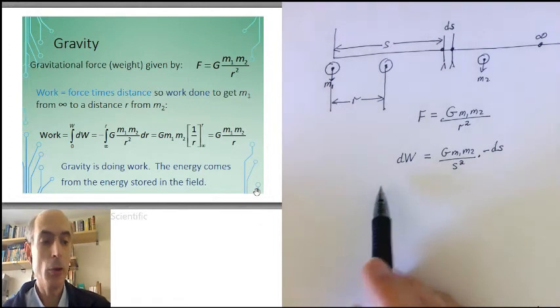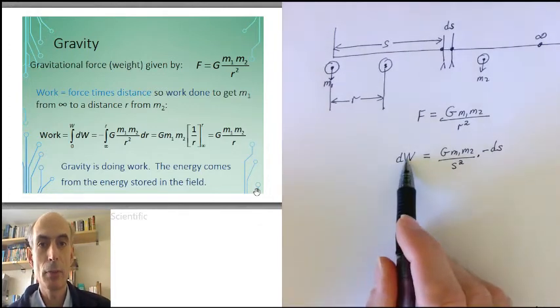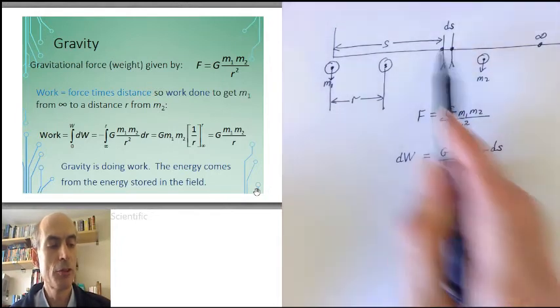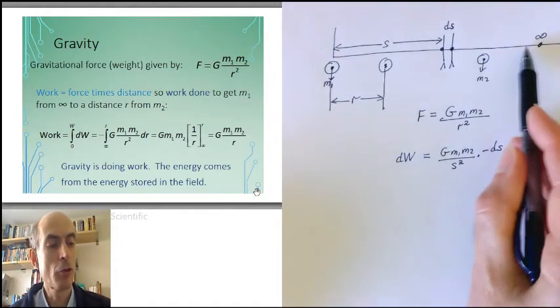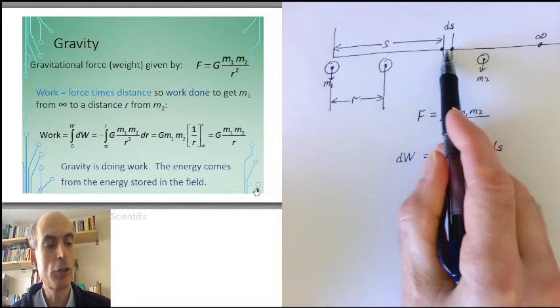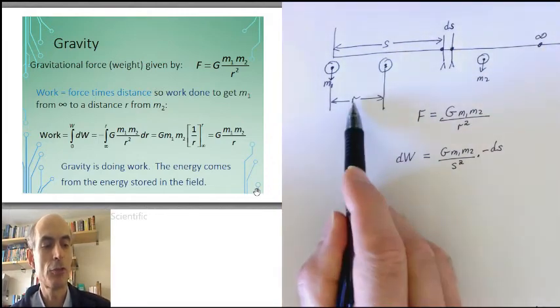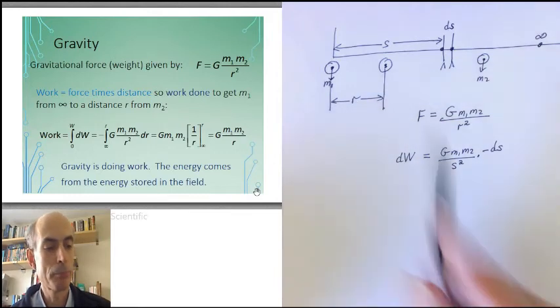All we need to do now is to integrate this, which effectively adds up the small amount of work being done to get the mass from all of the tiny little distances from infinity to this final point here, a distance r away from m1.